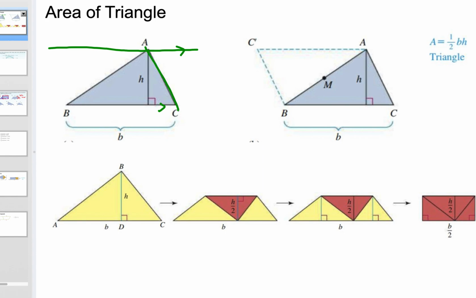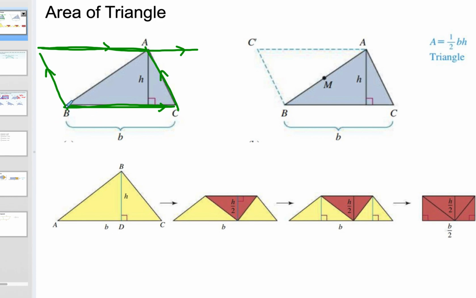Okay, so I can draw a parallel line to AC, right? So we can draw a parallelogram here, and I see that this side and that side are not only parallel, but they are congruent, the same length, and same for this and that.